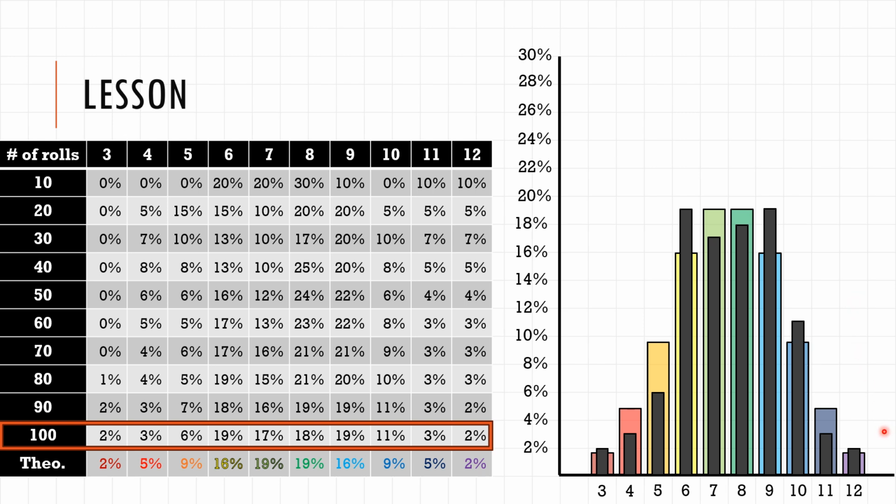And finally, 100 rolls. This is the experimental probability of rolling 3D4 100 times.